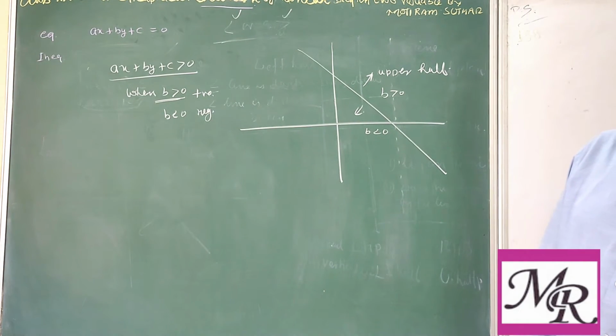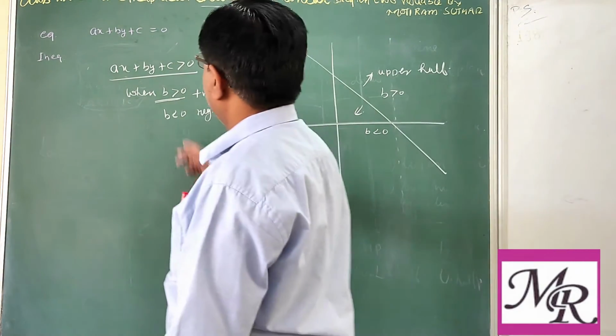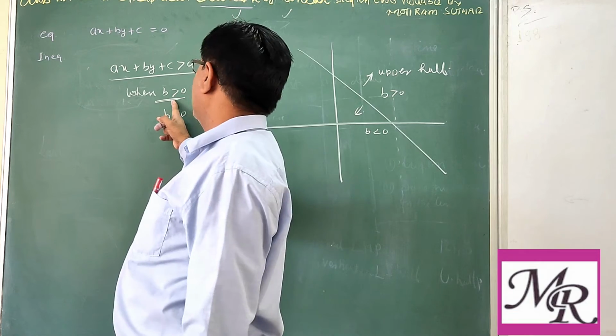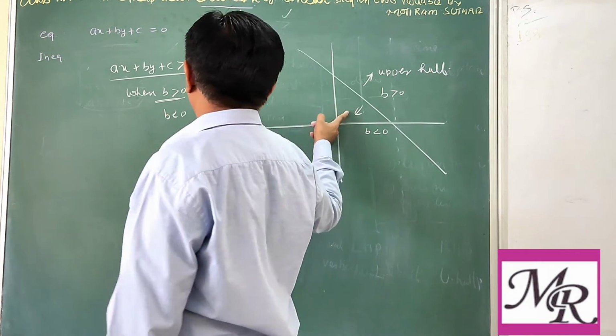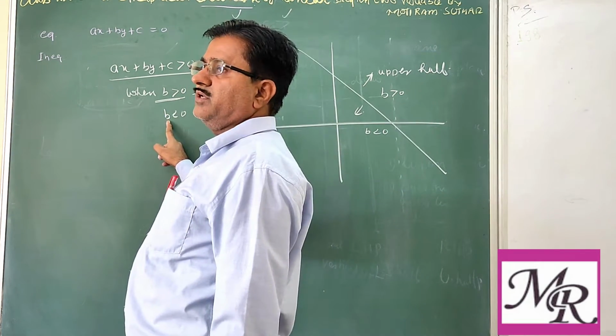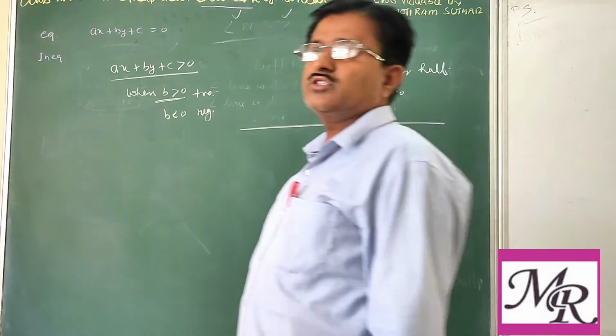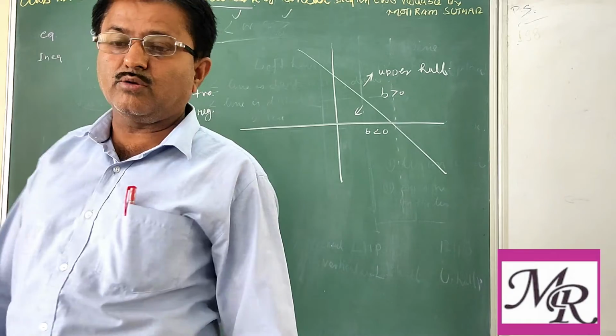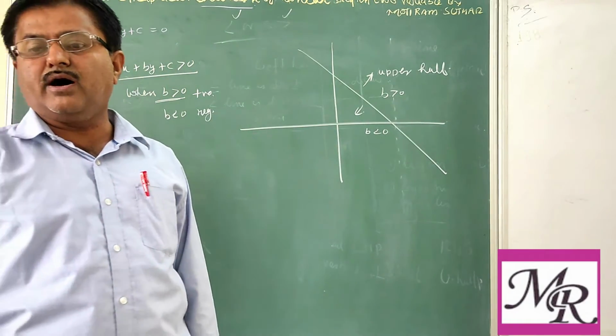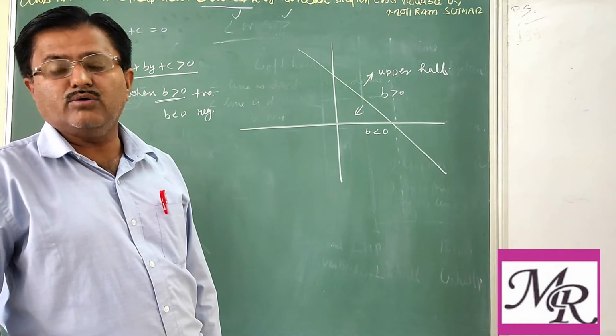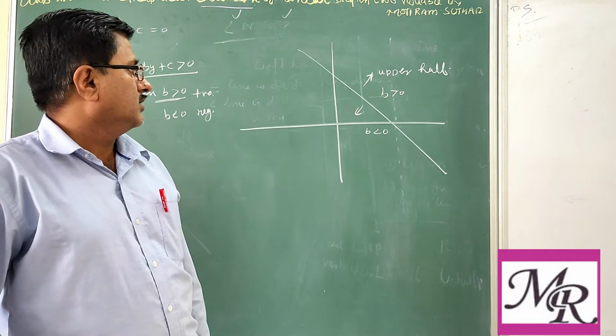Similarly, in the case of less than, it is just the converse of this one. If the less than sign is given, then for b greater than 0 it is below the line, and for b less than 0 it will be above the line. We have to see that in particular cases, or with the help of an example problem, we can understand how the solution will stand.